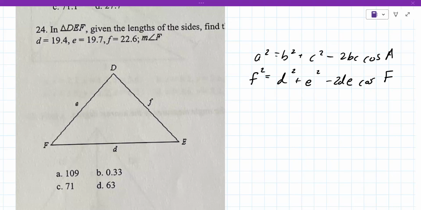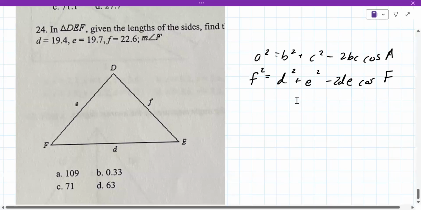I got cosine A equals 5,675. Let me work through it here for you. I didn't want you to struggle that long. I assumed it was a long calculation for you, but do you see how we want to find F? F is the angle. So big F is there, little f goes there. Do you follow that or not? And then the other two letters go here and here. So now it's just a matter of putting those in the formula.